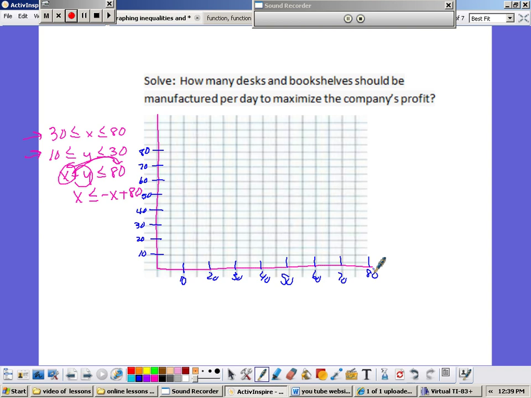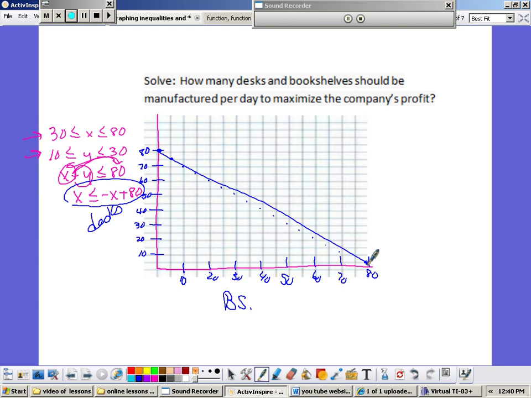Okay, X were my bookshelves and Y were my desks. Starting with this one, because I always like to do my slanted first. I start at 80 and I go down one and over one. So I'm going to hit 80 over here. Sometimes if I put dots, it makes it easier.